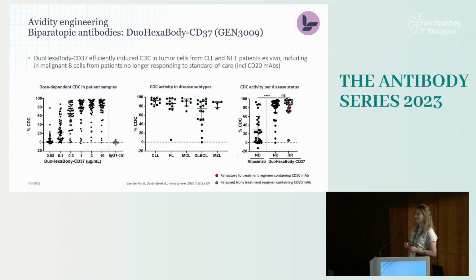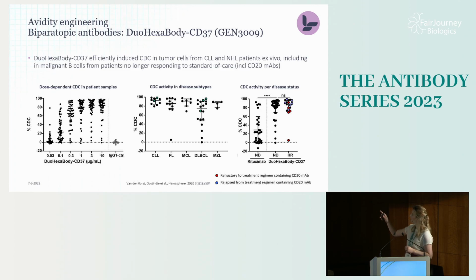And we decided to screen a whole panel of primary patient samples from CLL patients and non-Hodgkin lymphoma patients, and this is ex vivo, and we did see a really nice dose-dependent activation of CDC, and that we could see consistent complement activation across different indication subtypes, but also from B cells from patients that no longer respond to standard of care, including rituximab.